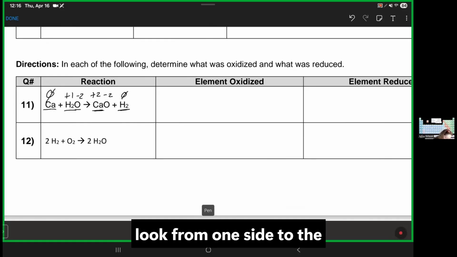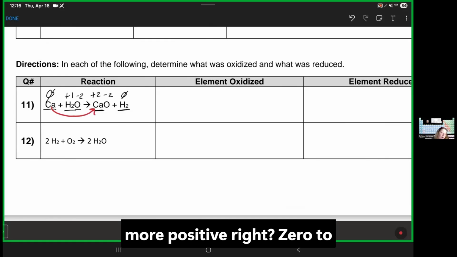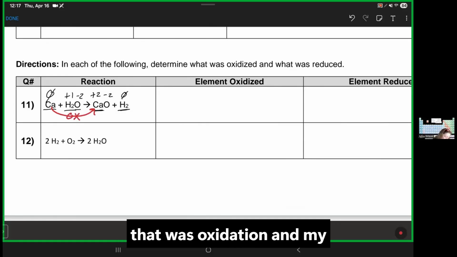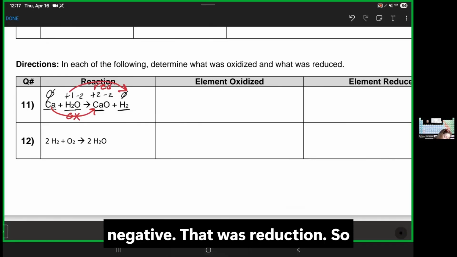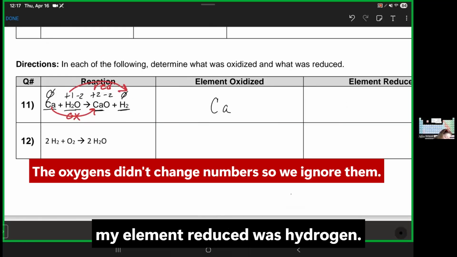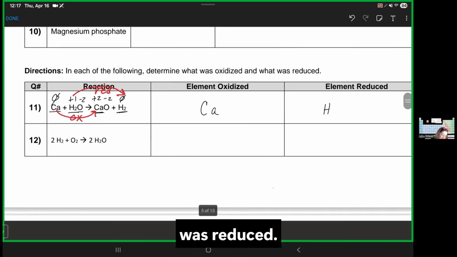Now when we look from one side to the other, calcium got more positive, right? 0 to +2 is more positive, meaning that was oxidation. And my hydrogen from +1 to 0 got more negative, that was reduction. So my element oxidized was calcium. My element reduced was hydrogen. Each individual hydrogen was reduced.